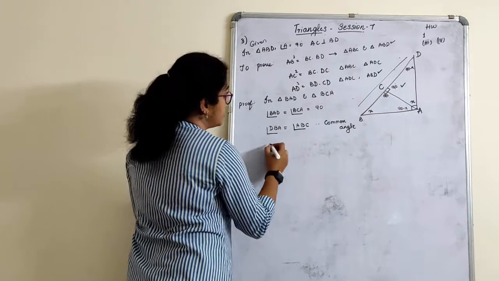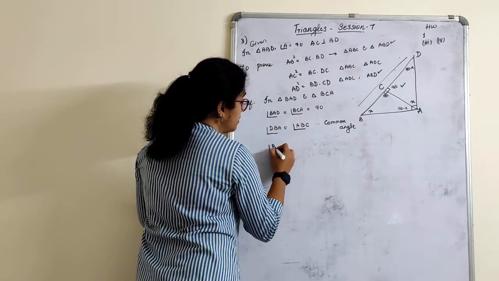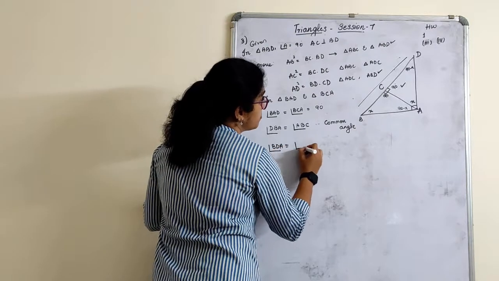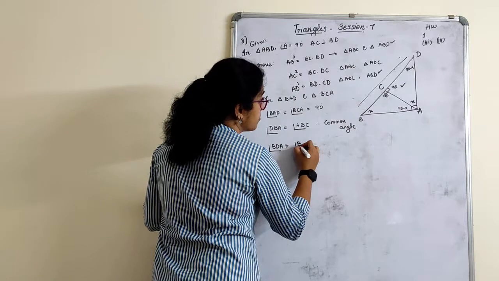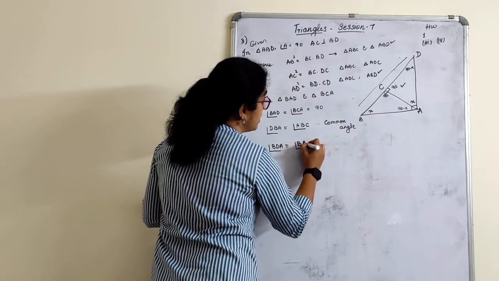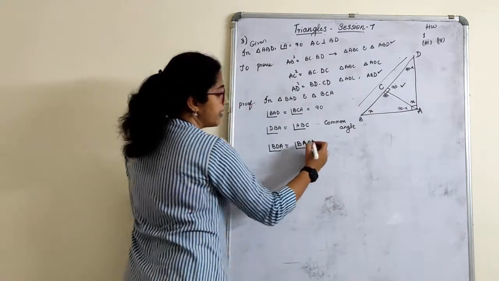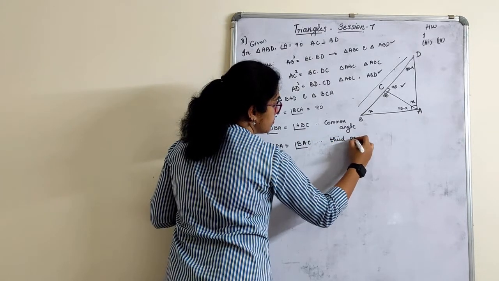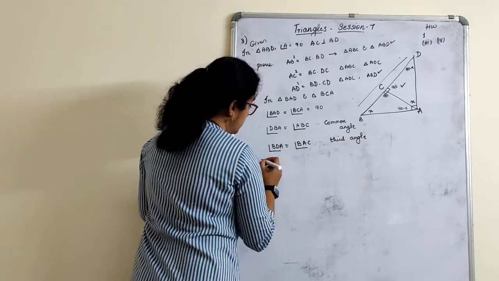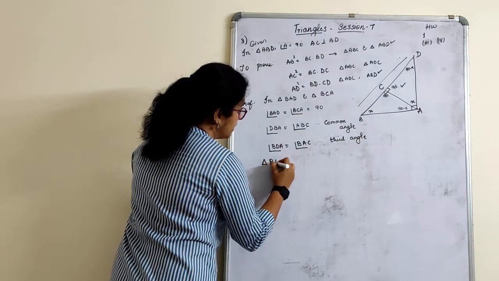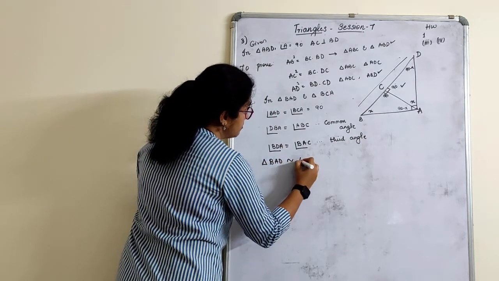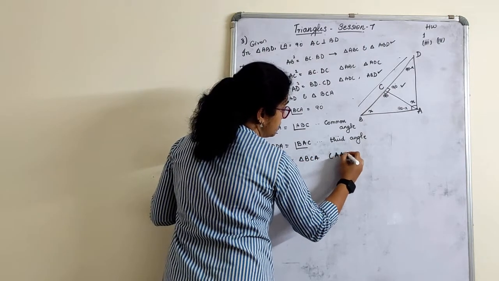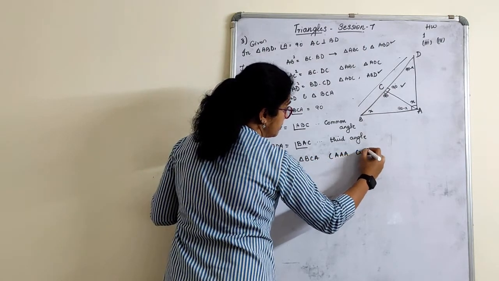Third angle we always have to write. Angle BDA is equal to angle BAC. Third angle you can just mention here. So triangle BAD is similar to triangle BCA by AAA criteria.